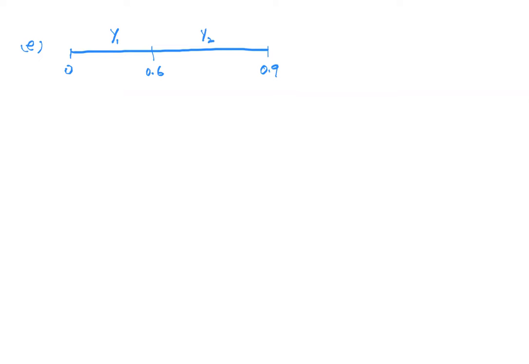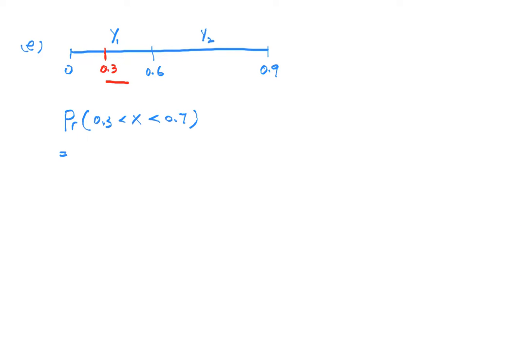So now, if you have a look, I want the probability of x between 0.3 and 0.7. So that means I have to be very careful, because 0.3 is here.